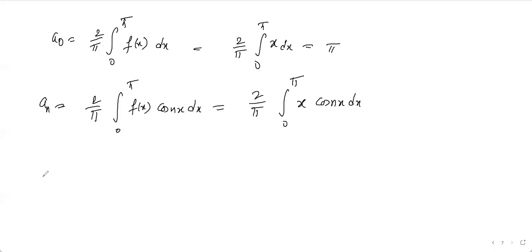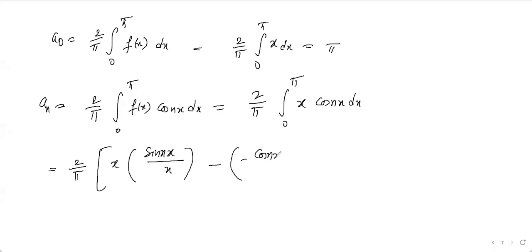Now this will be 2 by pi, x times sine nx by n, minus of minus cos nx by n square, from 0 to pi.